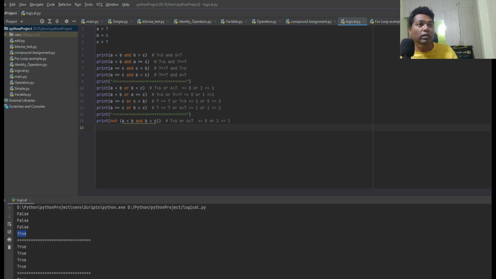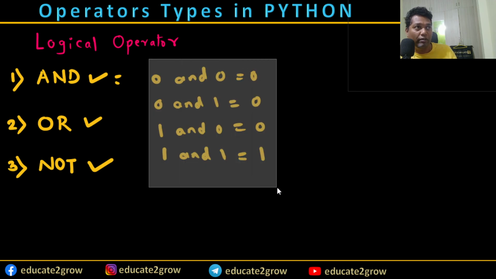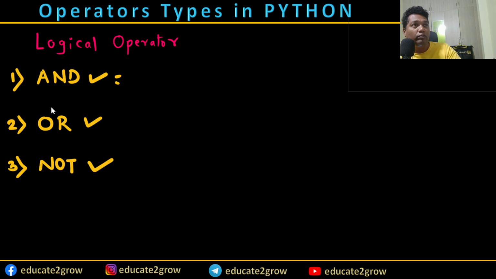Let's go to OR. What exactly does the OR give? Okay, let's remove this one. So OR gives 0 and 0, always 0. First expression gives 0, second expression gives 0, so the result is always 0.